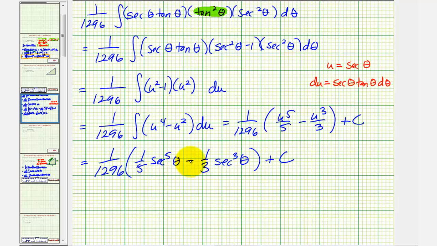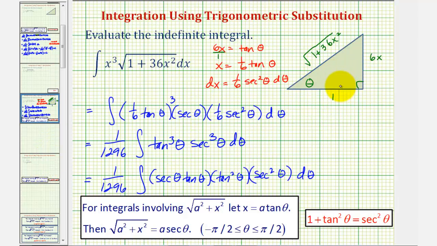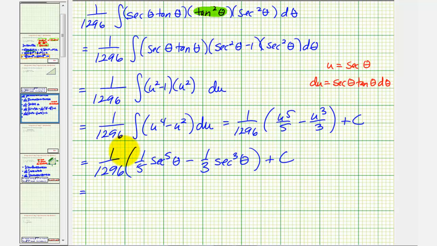And now we'll go back to our triangle and determine secant theta. Secant theta would be the reciprocal of cosine theta. So secant theta is equal to the ratio of the hypotenuse to the adjacent side, which notice how would just be the square root of 1 plus 36x squared divided by 1, or just the square root of 1 plus 36x squared. Let's also distribute.